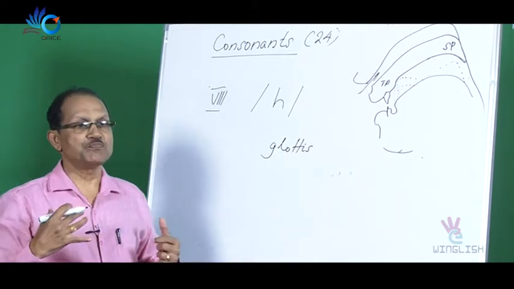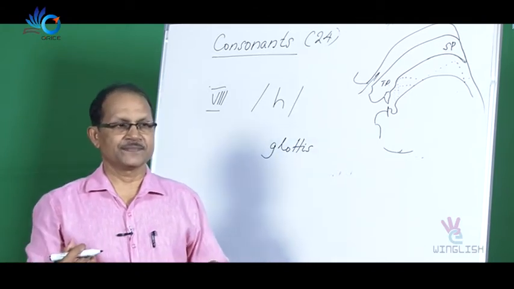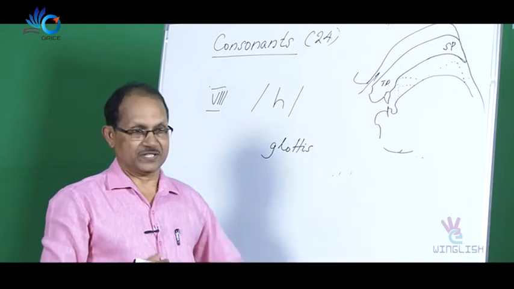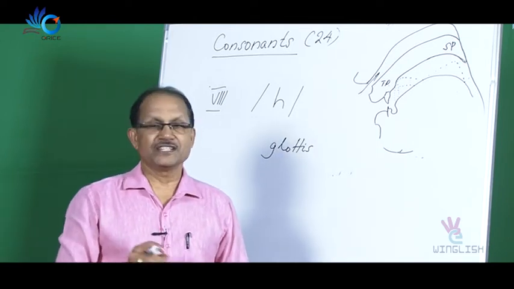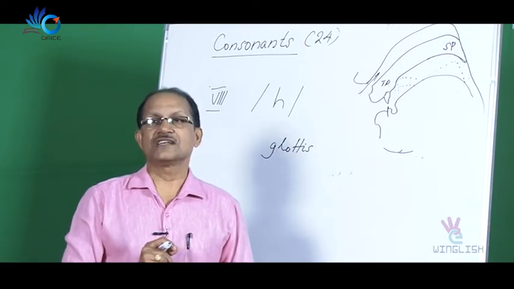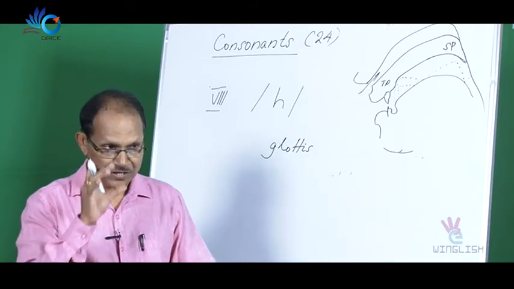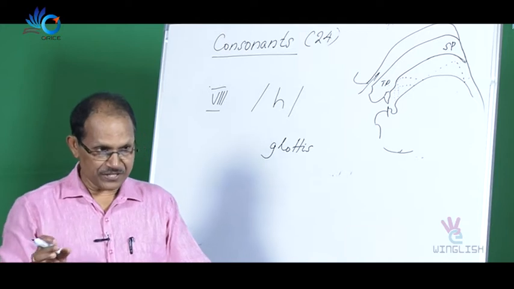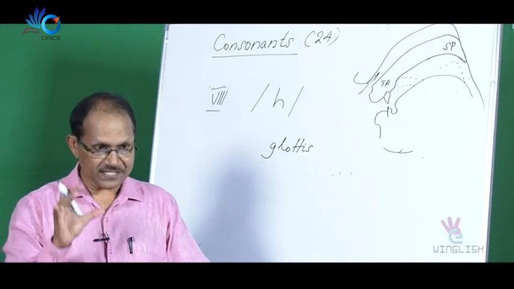Glottis, you know, the space between the vocal cords, it is called the glottis, and this sound is produced in the glottis. So, these are the 24 consonants, and this is how we group them on the basis of their place of articulation, that is based on the speech organs involved.